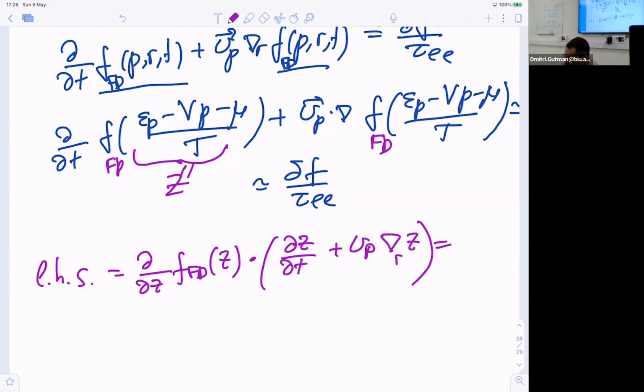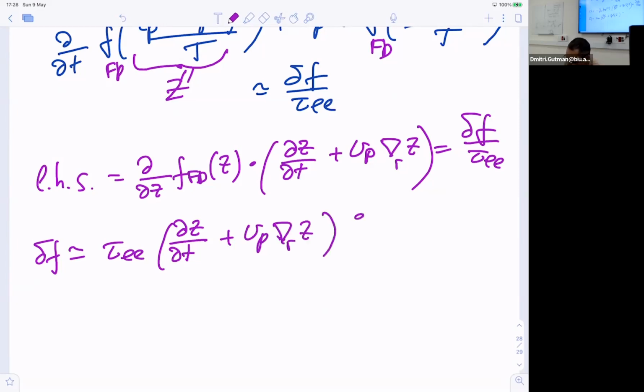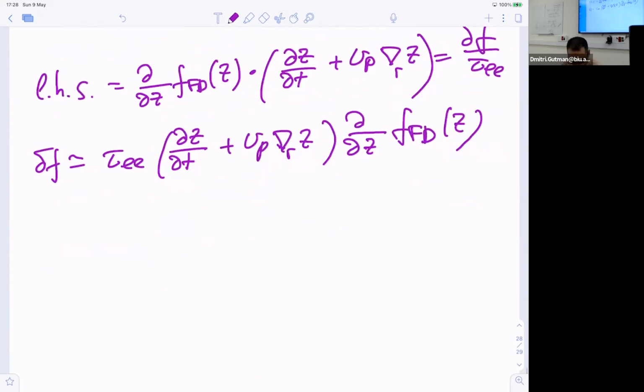And it's equal to the right-hand side of this equation, delta F over tau EE. So it means that delta F is roughly equal to tau EE times (dz/dt plus V·p gradient R of Z) d over dz of F Fermi-Dirac of Z. And this is the correction that we need to take into account to all the tensors we computed before.